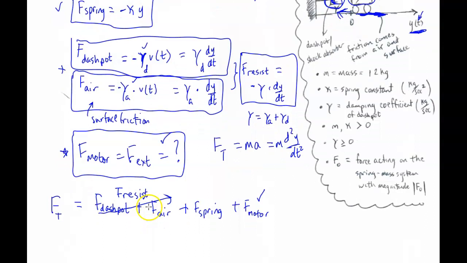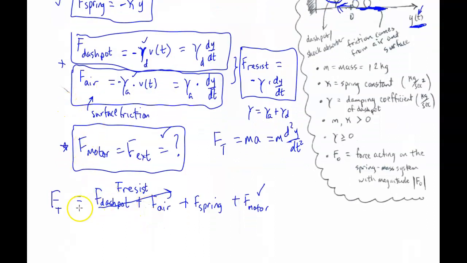Okay. So now that we have that, I can write my force here for the total to be M times the second derivative of Y. And of course I wrote it in Leibniz notation here, but I'm going to do it in prime notation here. F resist will just be negative gamma times Y prime.